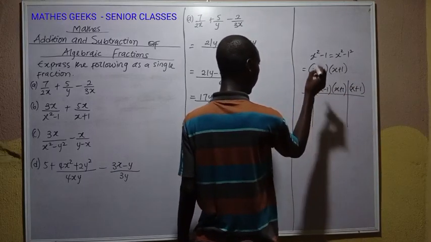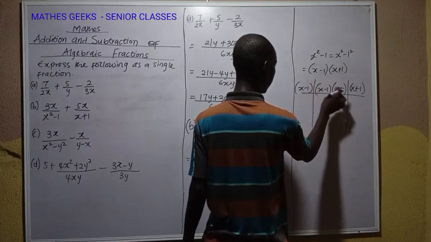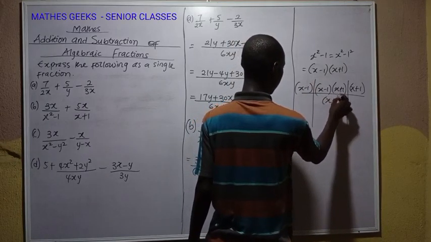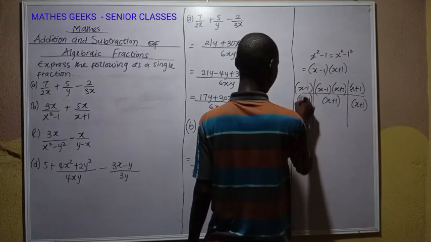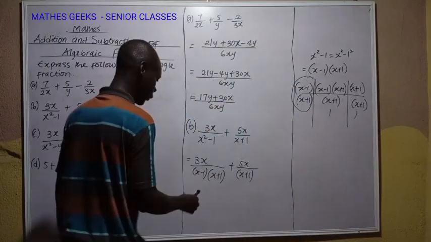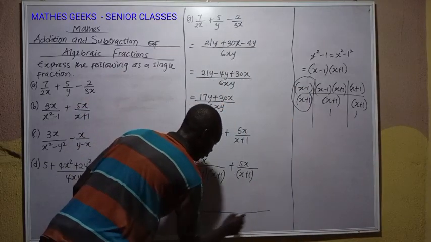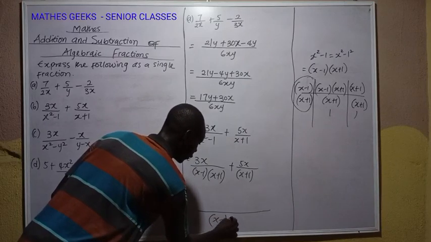If we start with x minus 1, this will eliminate this, we will have x plus 1 left. So the LCM is x minus 1 and x plus 1.